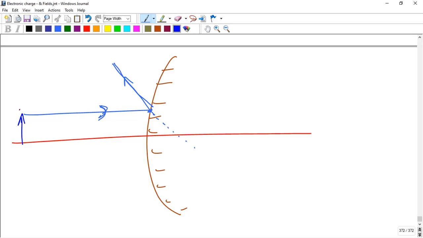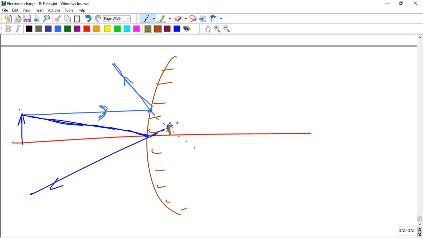Now we draw another line here, and they virtually meet here and create an image. Here is the object, here is the image.